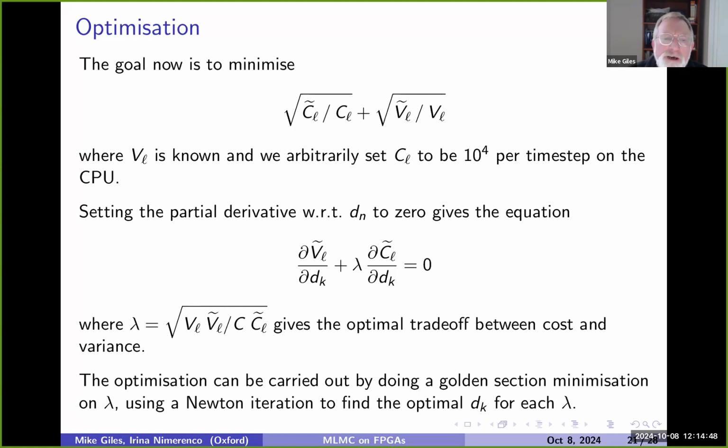For each lambda, we can solve that equation to get the optimal dk. And we can do that independently for each variable. Okay, and then we just adjust lambda to perform the global minimization. So it turns out that the optimization process is very straightforward and, importantly, would scale very well to much more complicated applications that have a huge number of intermediate variables.